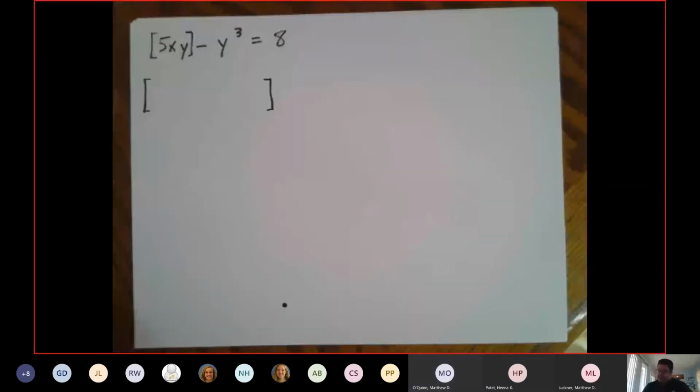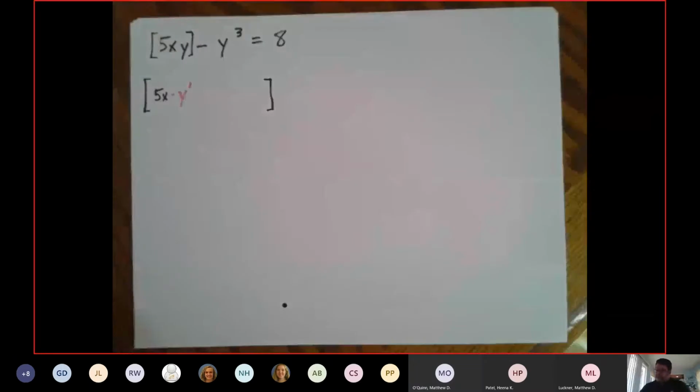So with that being said, I'm going to put the brackets right down here. And I'm going to use the 5x first times the derivative of the second plus the second times the derivative of the first.